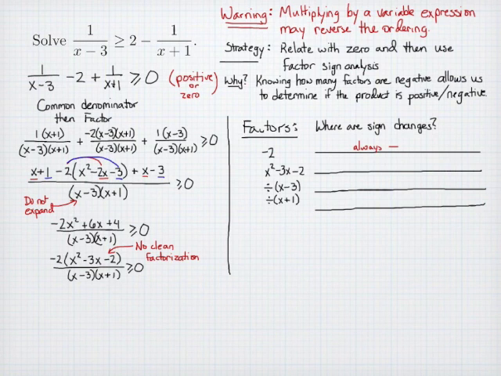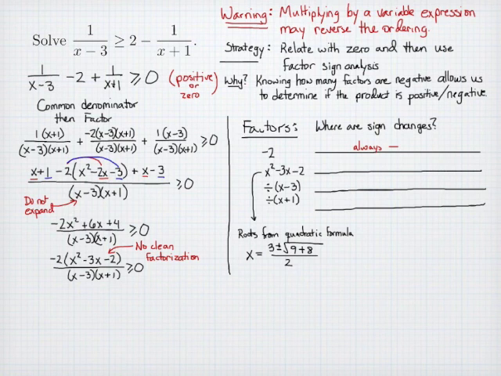The factor x squared minus 3x minus 2 is quadratic. We didn't see how to factor it, so we need to look for the roots using the quadratic formula. Sing with me. x equals negative b plus or minus square root b squared minus 4ac all over 2a.